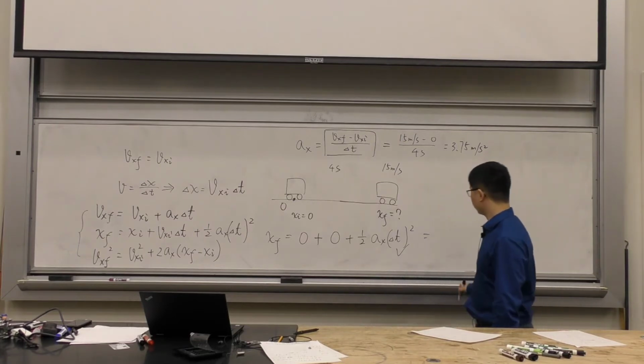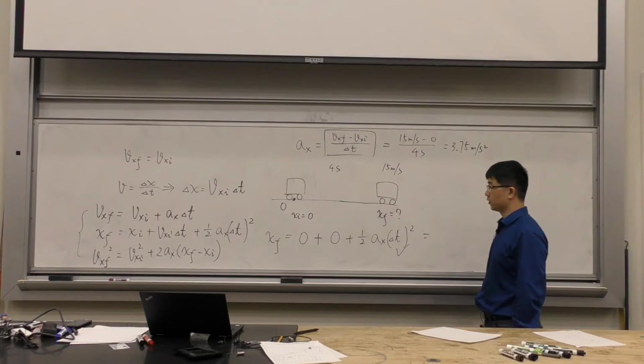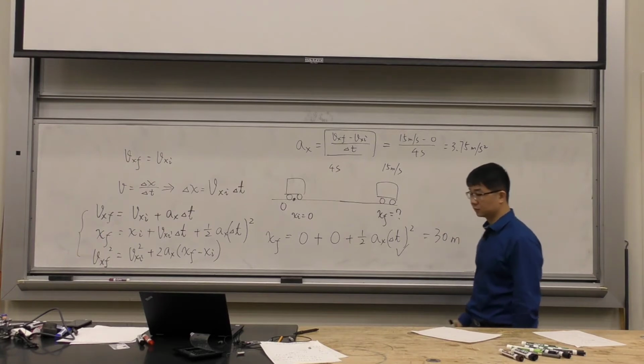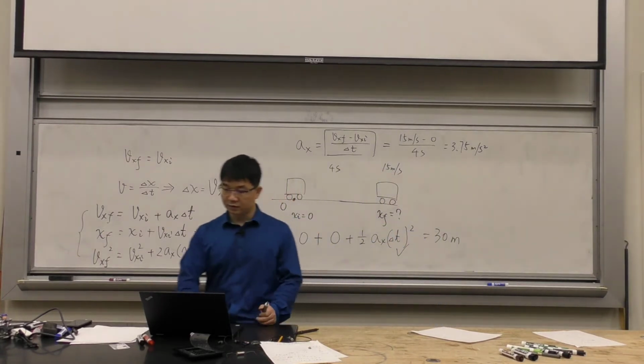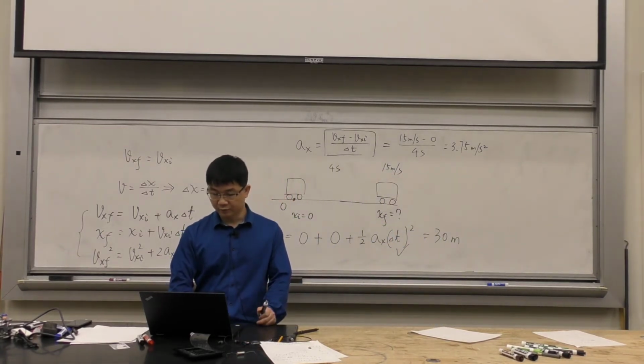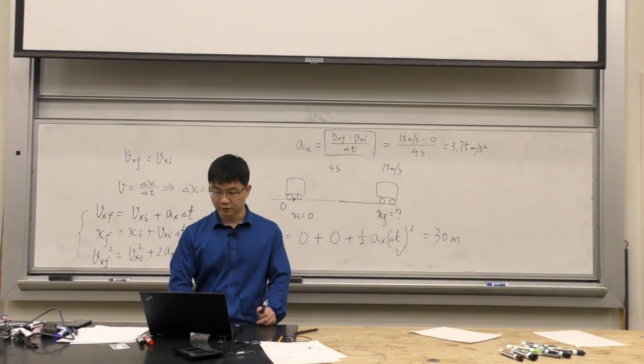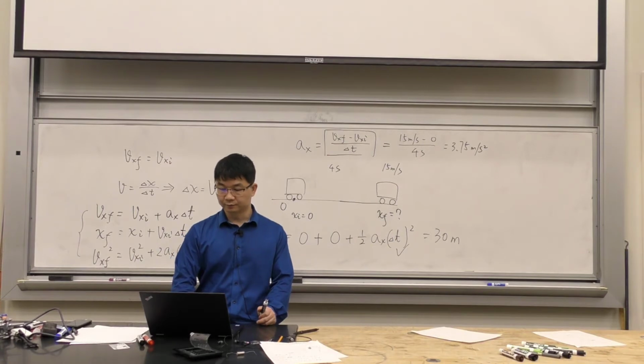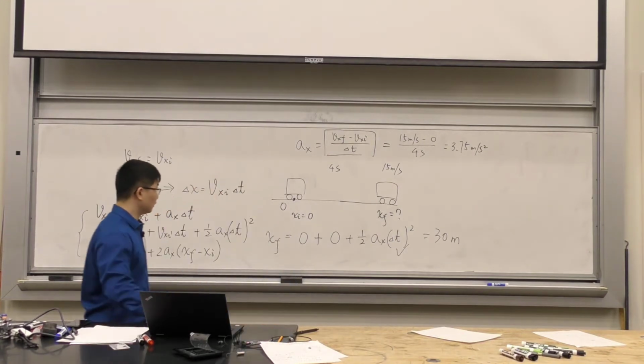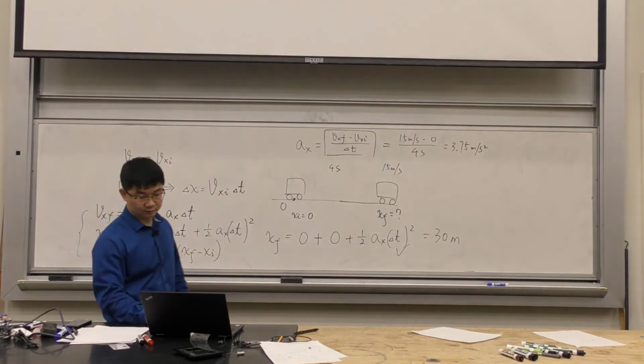So if you do that, don't forget the square, don't forget the half. That's a common mistake people make, especially on the test when they are very nervous. 30 meters. Okay, so in 4 seconds, it's going to be 30 meters. All right, so that's how we use this theory to calculate the distance the car travels in 4 seconds.